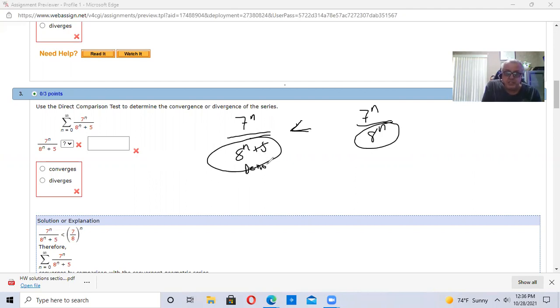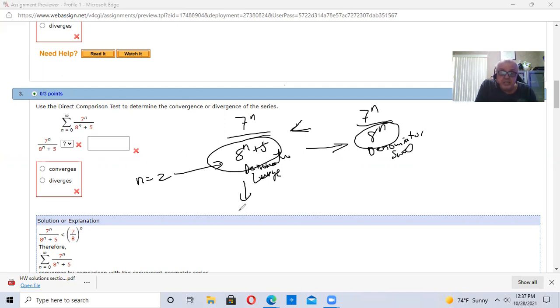I just know this denominator is larger than that denominator. When you plug in n equals 2, this is going to have a larger denominator.